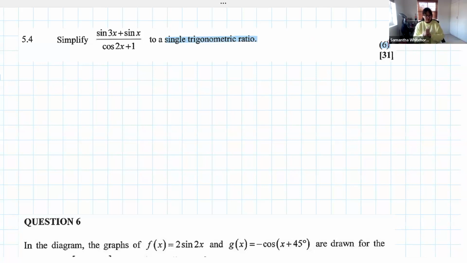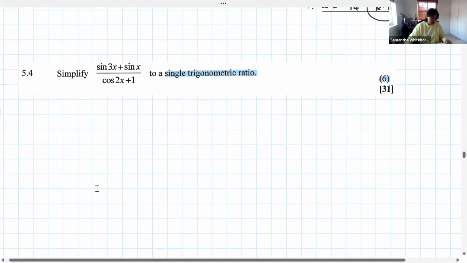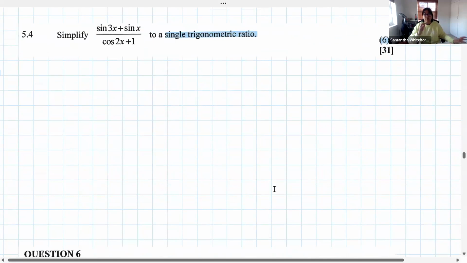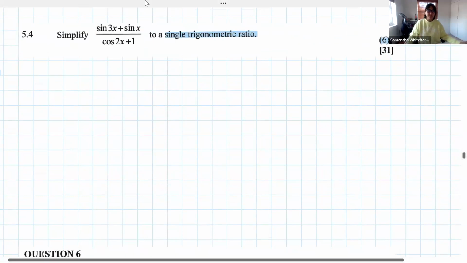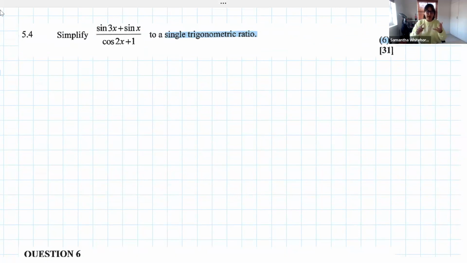So have a look at this and tell me what you think we can do here. So we've got sine 3x plus sine x over cos 2x plus 1. What can we do? And remember, there'll be a few different ways that you can go and simplify this. So we're going to potentially have different answers and different solutions to the problem. And again, you have the knowledge, double angles, compound angles. Think about that sort of stuff.